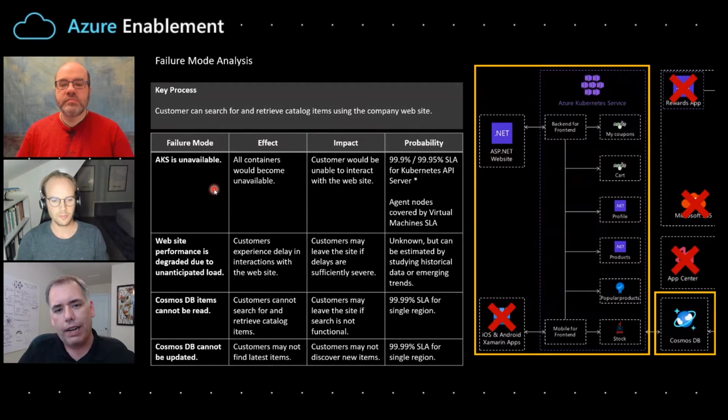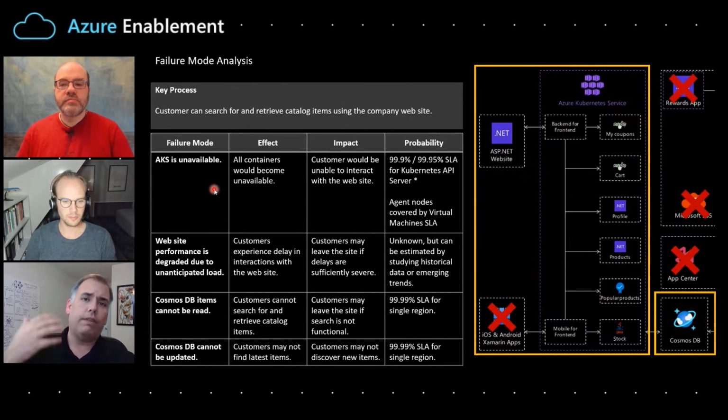There is either a 99.9% or 99.95% SLA offered on the API server for Kubernetes. And this is the portion of Kubernetes, essentially the control plane, where we would make changes or affect management functions within the Kubernetes cluster. And this is actually something that you have to opt into.